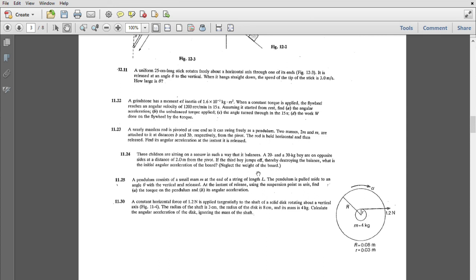So in this case, imagine the 30 kilogram boy on the right, 20 kilogram boy on the left, and we'll take clockwise rotations to be positive. Then the net torque would be 30 times 9.8 times 2 meters minus 20 times 9.8 times 2 meters.